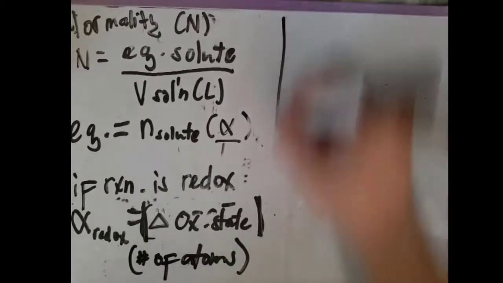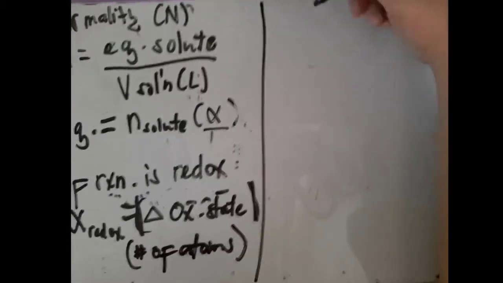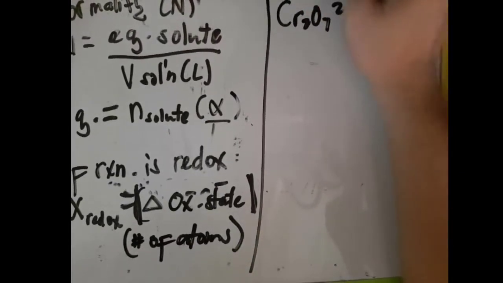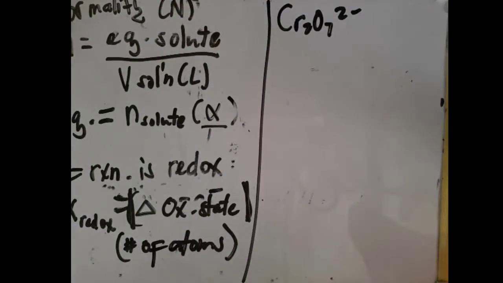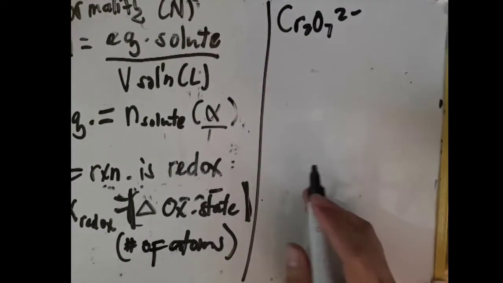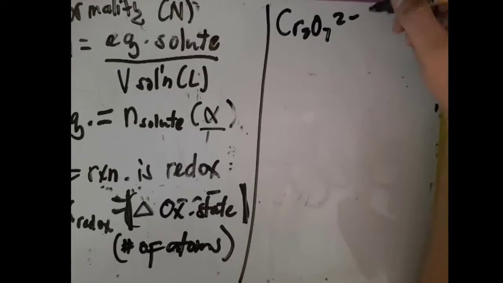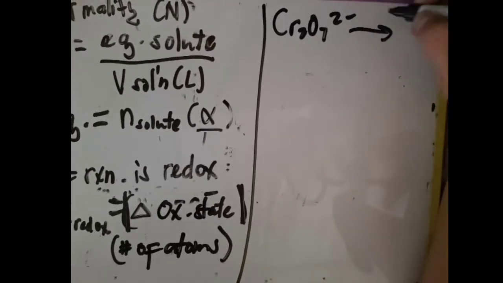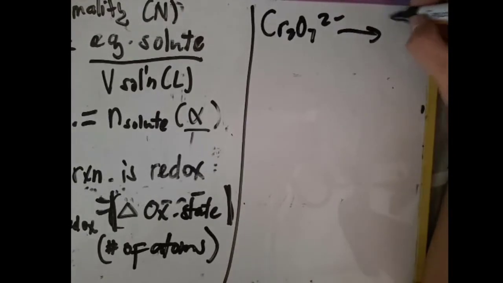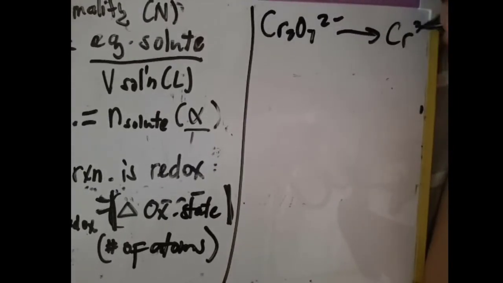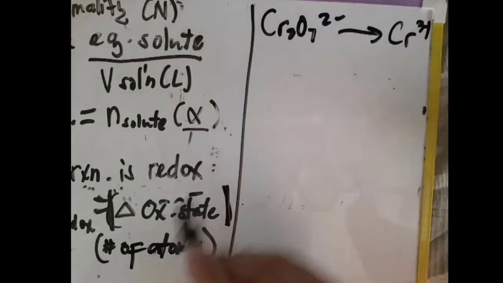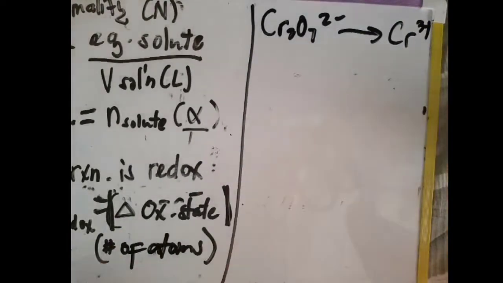So let's go back to our example previously, which is dichromate. Since we know that dichromate undergoes a redox reaction to become chromium 3 plus, we don't need to balance the whole reduction reaction.